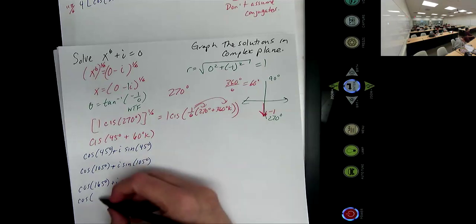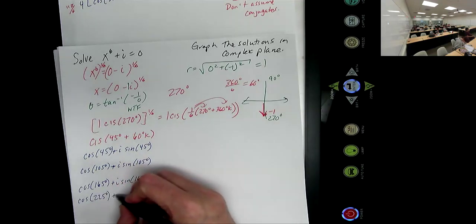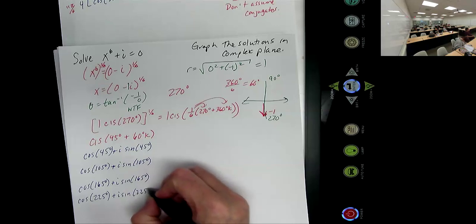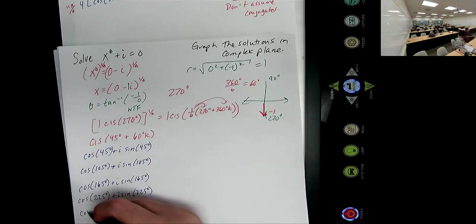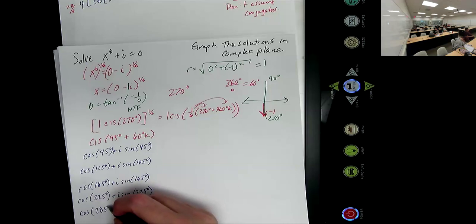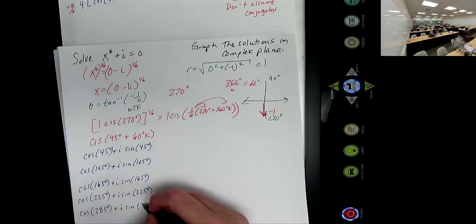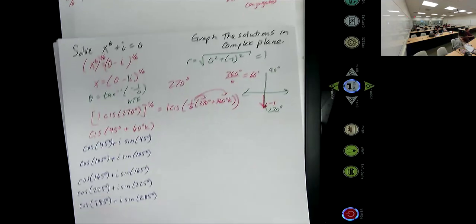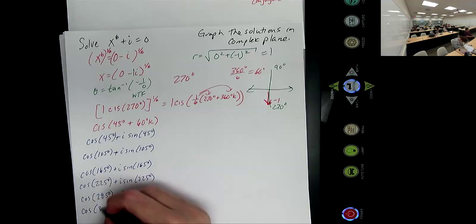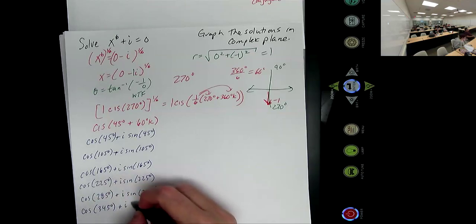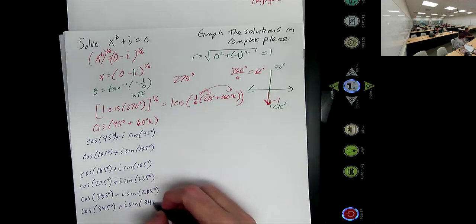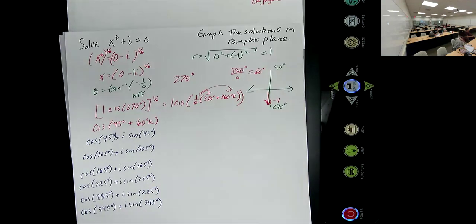C is 225. And 345. Now, you could do this without a calculator.